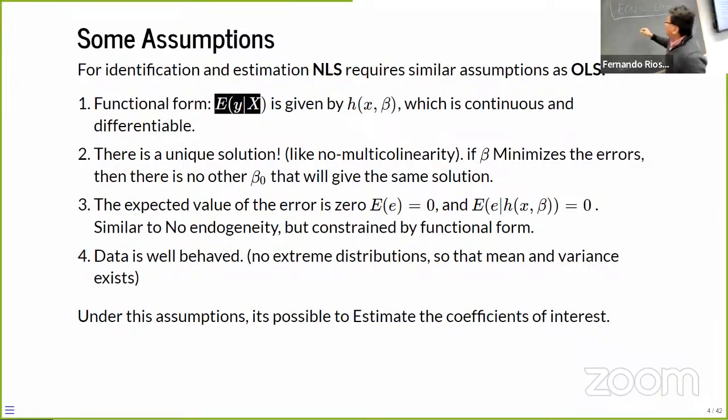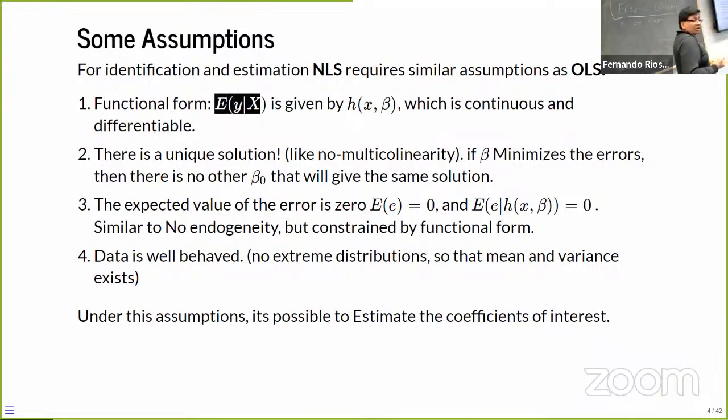This is the zero conditional mean, which means all your variable x's are exogenous. If your x's are exogenous, then you can identify the betas and you can make a causal interpretation of your model.